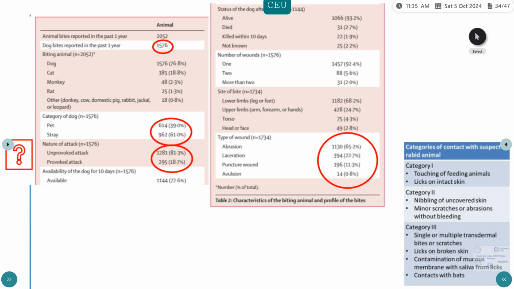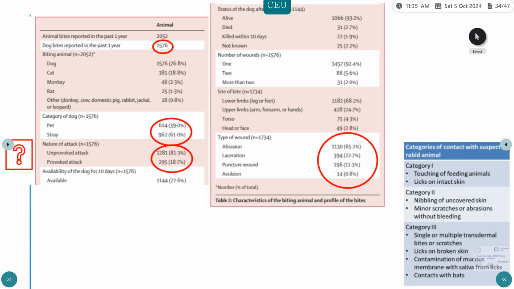Then they have tried to follow the dog for 10 days to see how the dog's course is. And out of that, only 72% were available for follow-up. Out of these 72%, 93% were alive, 2.7% died, killed was 1.9%, and not known status was 2.2%.